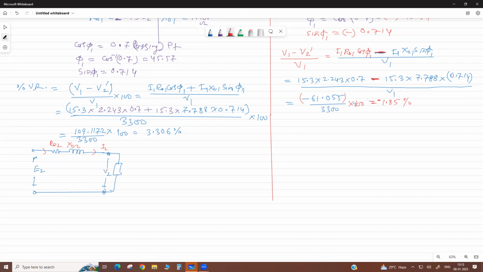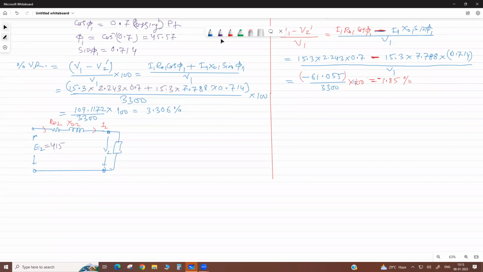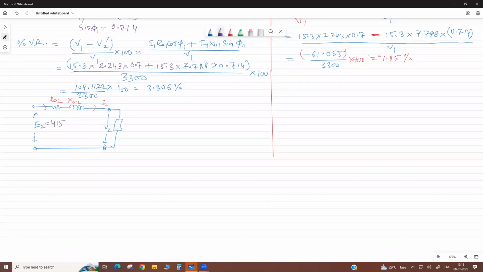Then what is the change in V2? Suppose it is given, let us say the induced voltage is 415. Now he is asking for V2. What is the terminal voltage? Third part.